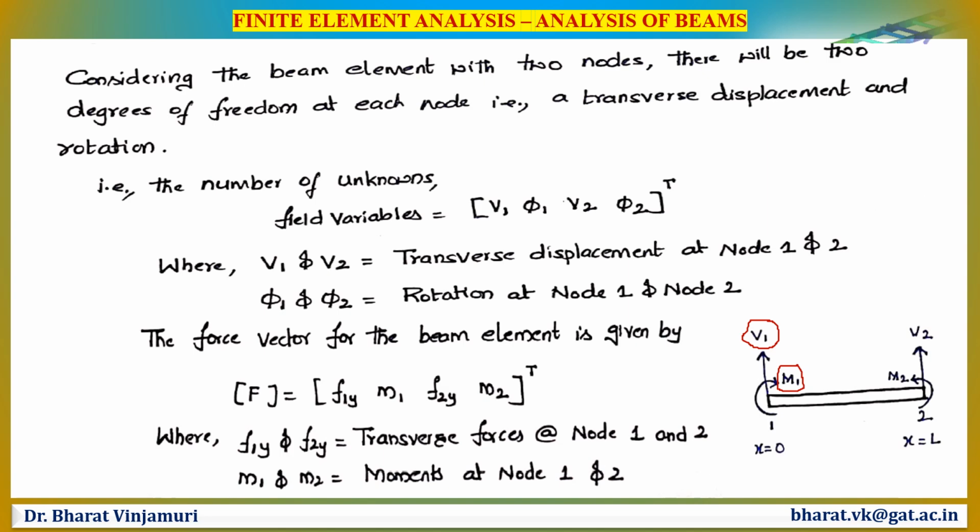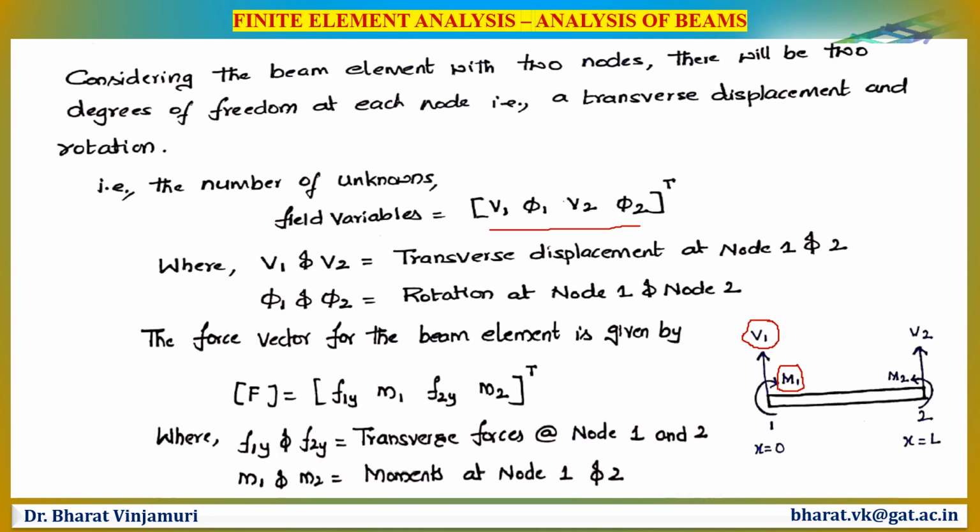Since the beam element has two nodes, there will be a total of 4 unknowns, and these unknowns are also called field variables. The field variables v1 and phi1 denote the transverse displacement as well as the slope at node 1, and v2 and phi2 denote the transverse displacement and the slope at node 2.